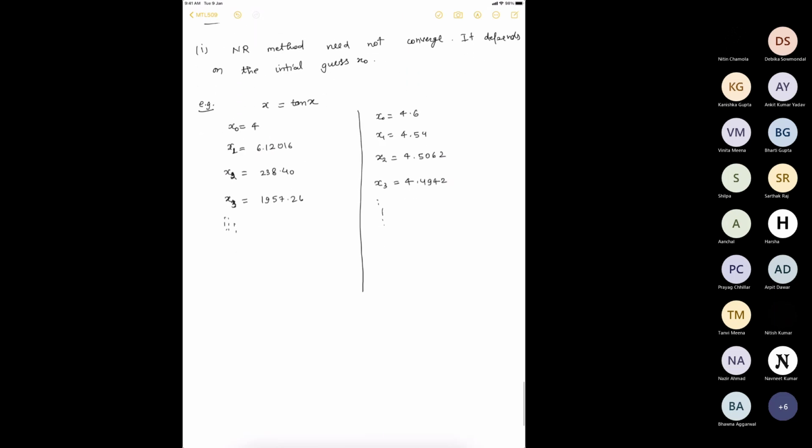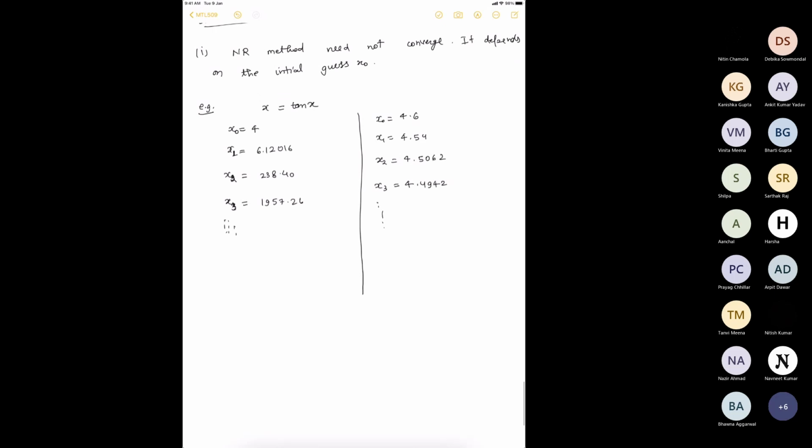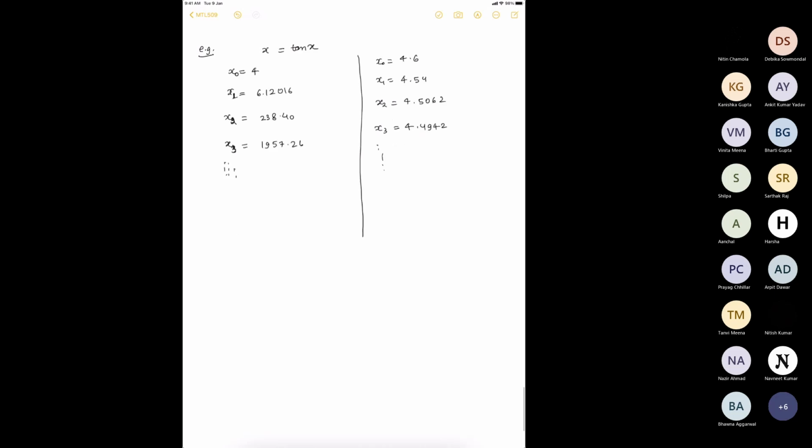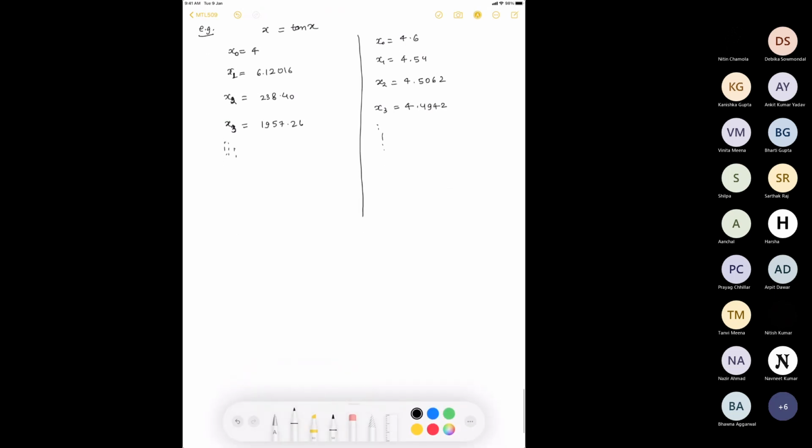And the second drawback of this method, not exactly the drawback, but if you see from a computational point of view, of course, it's a drawback that you have to compute the derivative of f. So imagine if your f is having a very complex nature, it's a very complex expression, and then you have to compute the derivative of f. So from a numerical point of view, computing the derivative of a function might be very expensive.